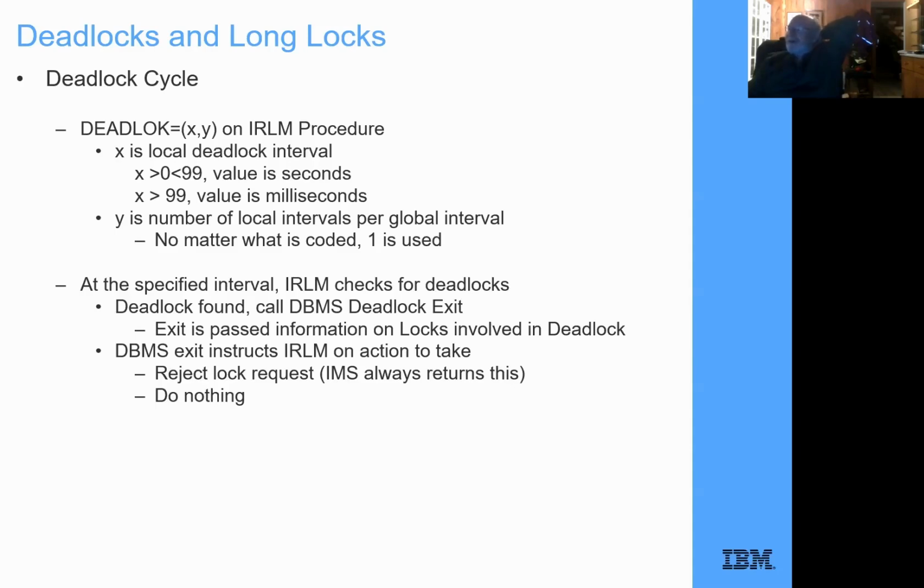Beyond that, we return weighting values for the participants in the request, so that based on those weighting values, IRLM will select the deadlock victim. Or the exit could say do nothing and leave the deadlock there, but we don't do that.